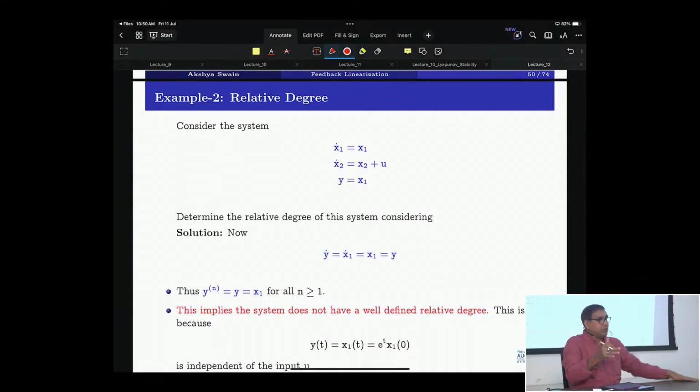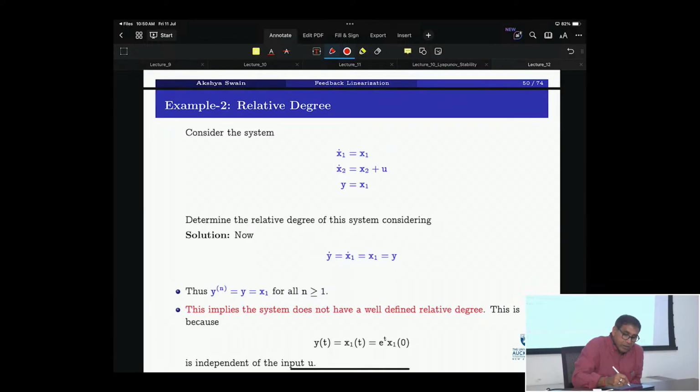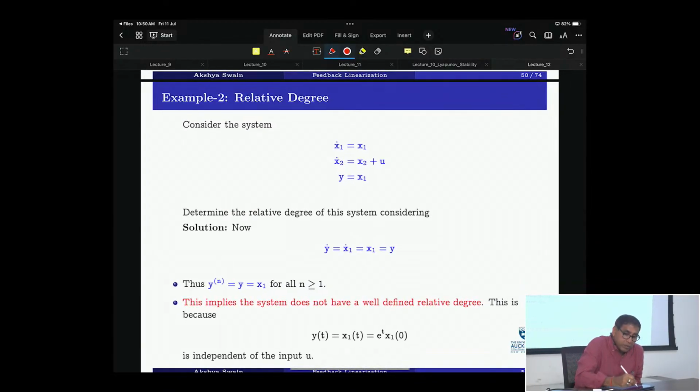X1, this one, and then we will go. X1 dot is equal to X1, X2 dot is equal to X2 plus U, Y is equal to X1. What is the relative order? Relative degree, same thing: differentiate Y until U appears. Now what is Y? Y is equal to X1.